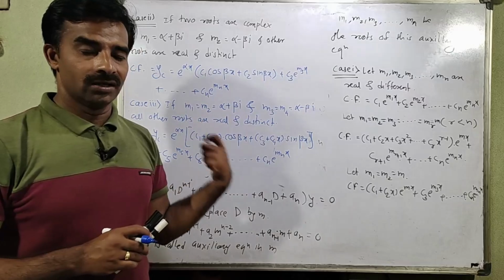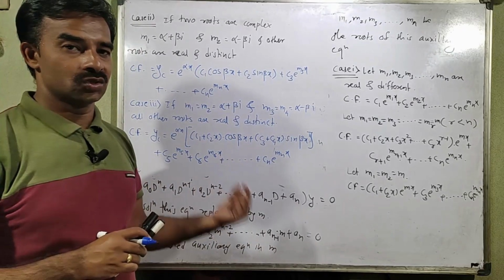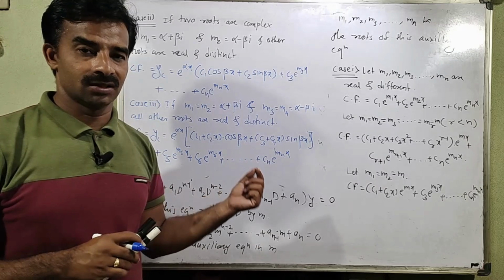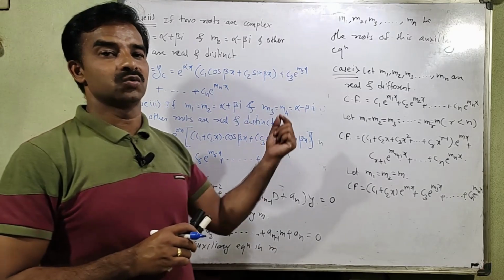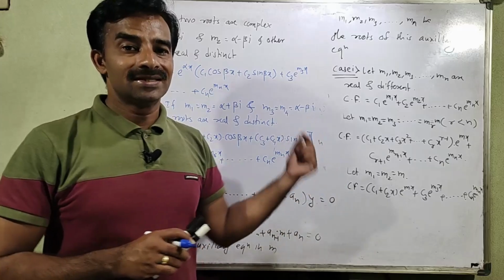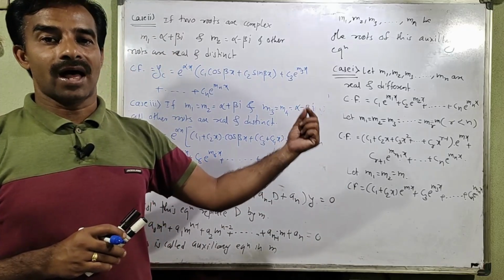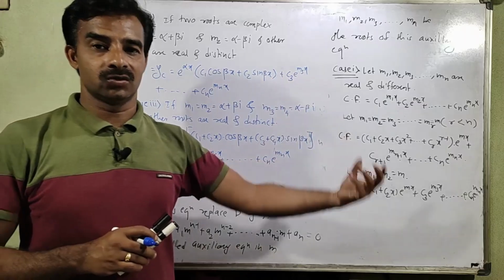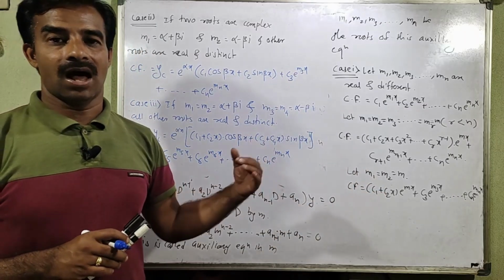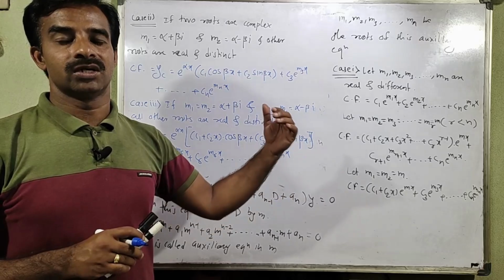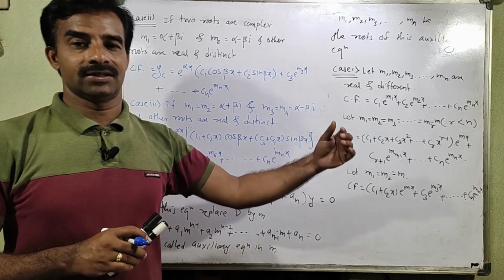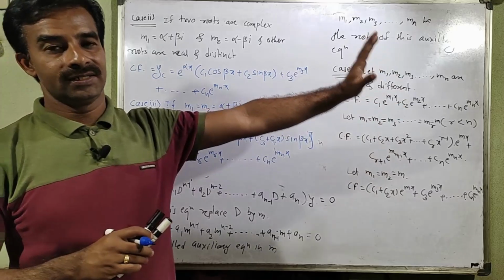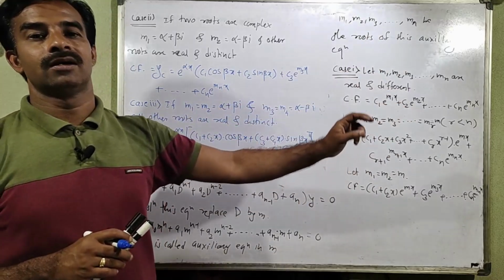Then we get the complementary function as (c1 plus c2x plus c3x square plus c4x cube and so on up to cr x raised to r minus 1) into e raised to mx, plus c(r+1) e raised to m(r+1)x, and so on up to cn e raised to mnx.